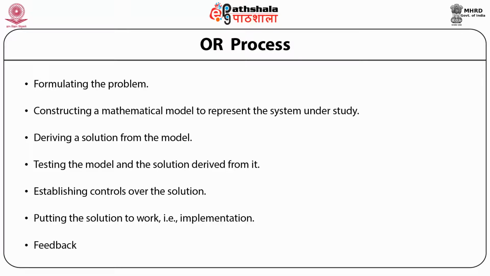Let's know some details of the OR process. Although these steps of OR vary in complexity from problem to problem, in some applications the formulation may be very difficult. In others, however, the model construction may be the most complex step. The phases of OR are now being described. When we say formulating the problem, it is one of the most difficult steps for library operations.